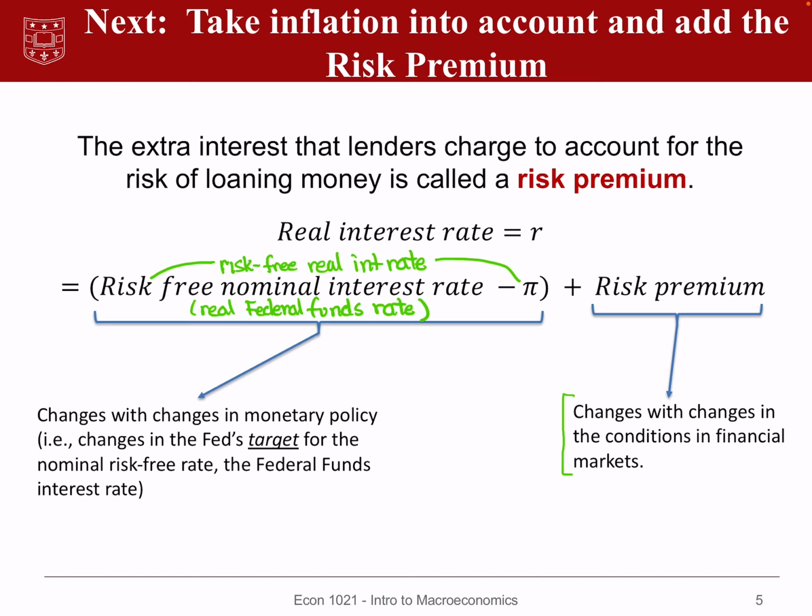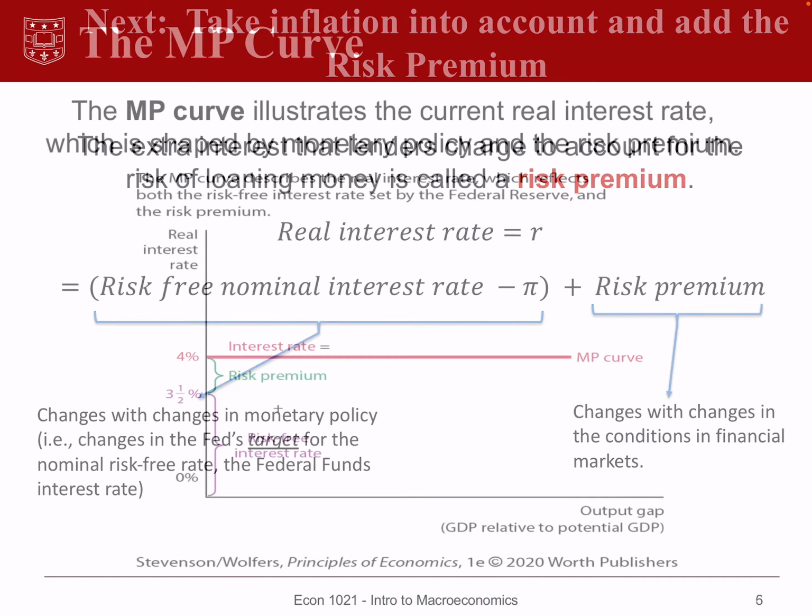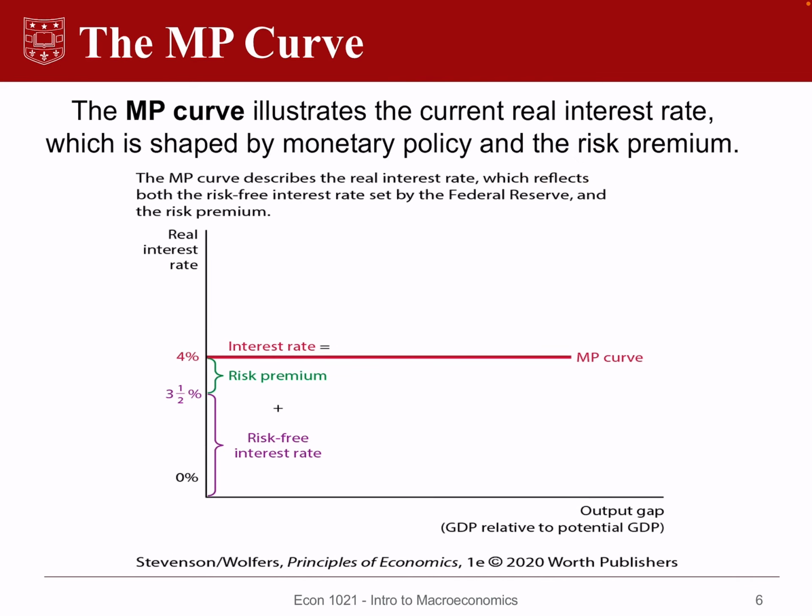So let's look at a picture of this. The way in which we can think about the MP curve, and again, like the IS curve, we're drawing this in fact as totally horizontal. The MP curve is illustrating the current real interest rate that exists in the macroeconomy, and that is shaped by the interaction of monetary policy and the risk premium that exists in the macroeconomy.